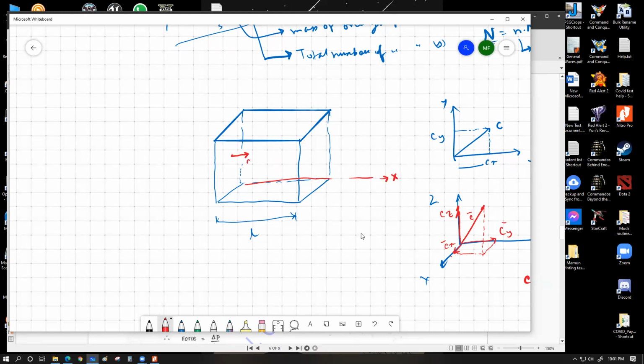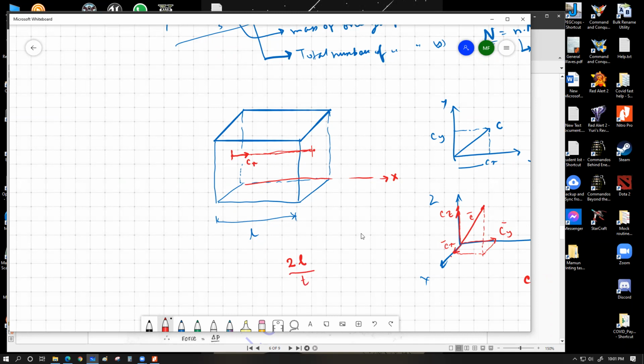Let's say it starts with the speed cx, covers this total length L, bumps into this wall, and goes back all the way up to here before reaching the starting position. So within this part, the total distance it covered is 2L. And let's say this total journey, starting from here all the way bumping and eventually going back, takes an amount of time t.